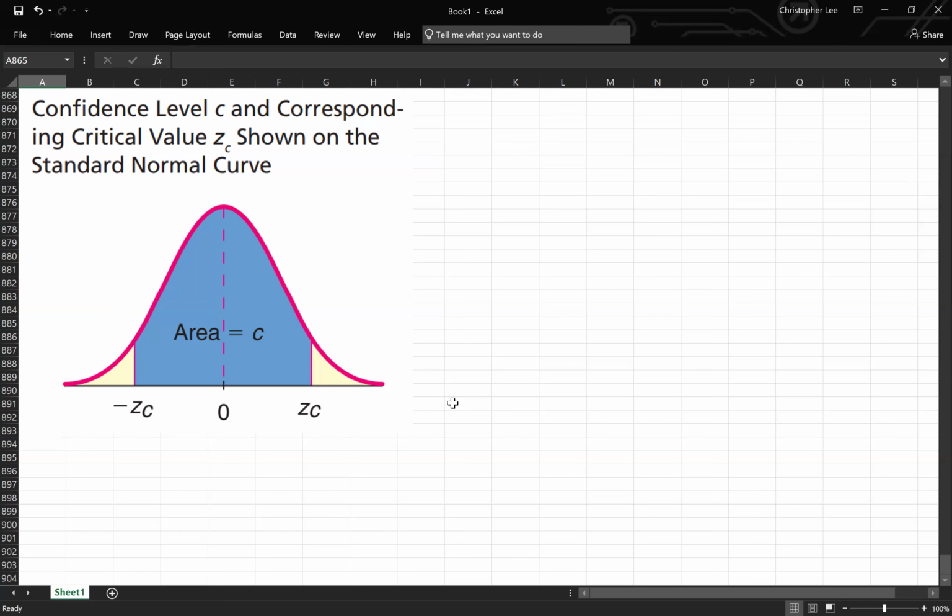Remember when we did the inverse normal from last section? That's what we're doing here to find Z critical. It's easier to find negative Z critical and then just make it positive. They're the same numbers. If this is 3 and this is -3, and if this is 2 and this is -2, same numbers.